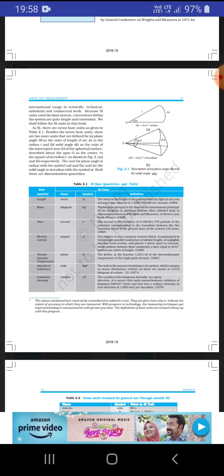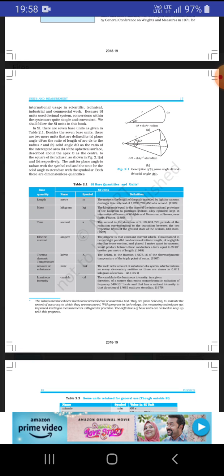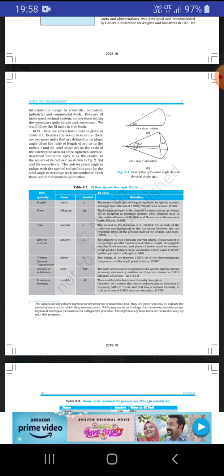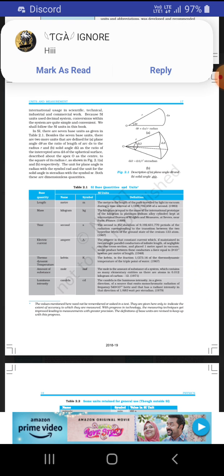Here they have given the diagram, which has theta. As you know, theta in maths you have learnt, that has ds by r radians, and dA by r squared steradian, that has second circle.